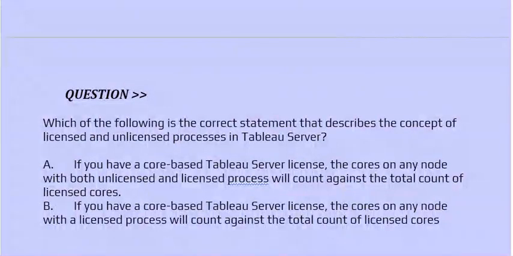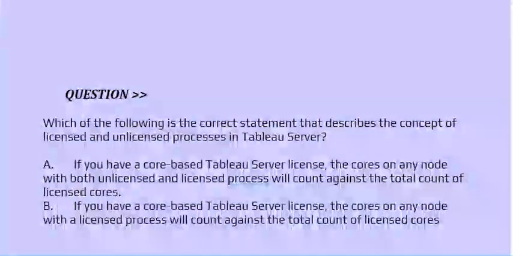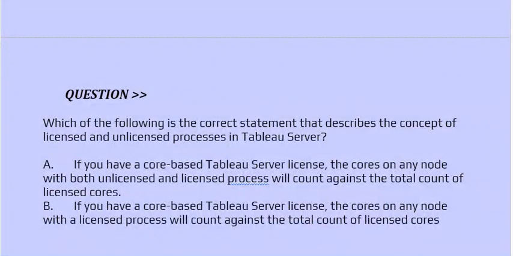Next question is which of the following is the correct statement that describes the concept of licensed and unlicensed processes in Tableau Server? Option A. If you have a core-based Tableau Server license, the cores on any node with both unlicensed and licensed processes will count against the total count of licensed cores.